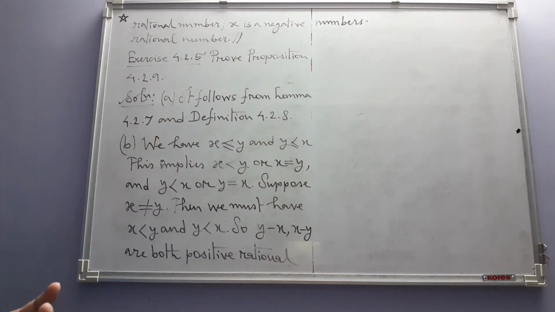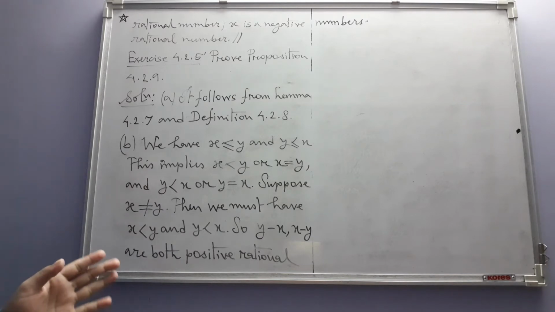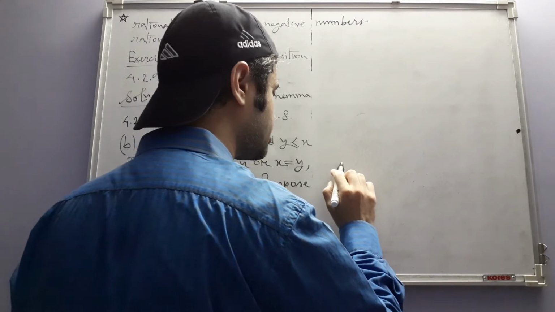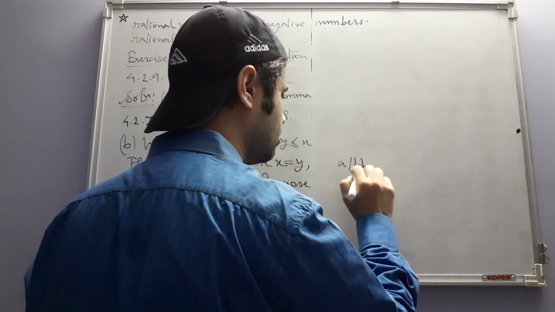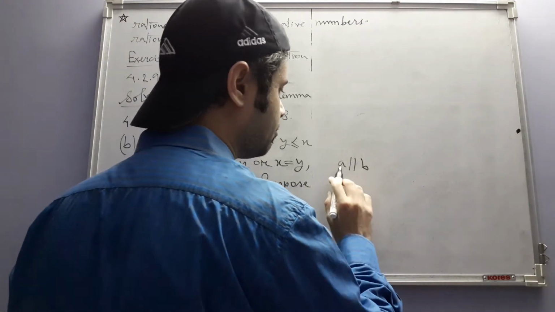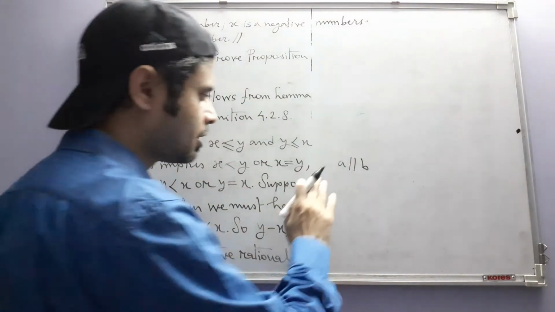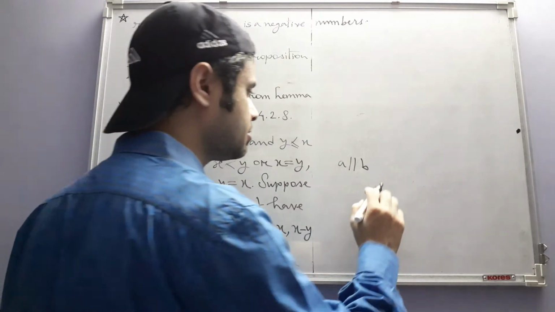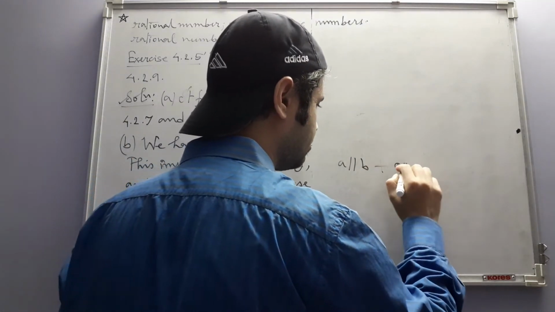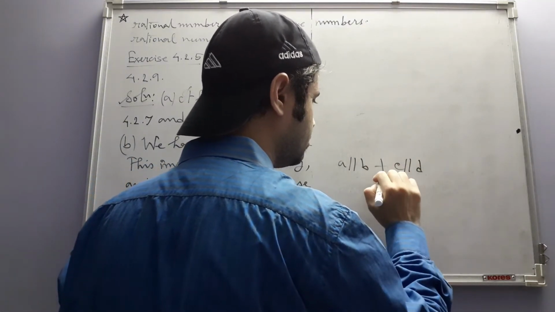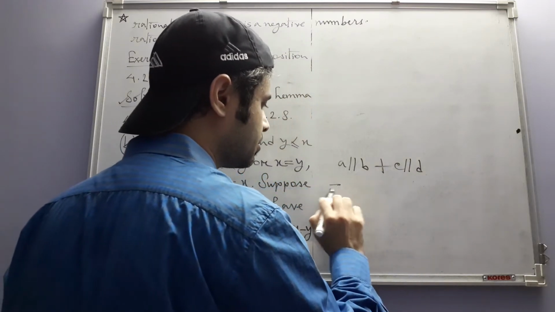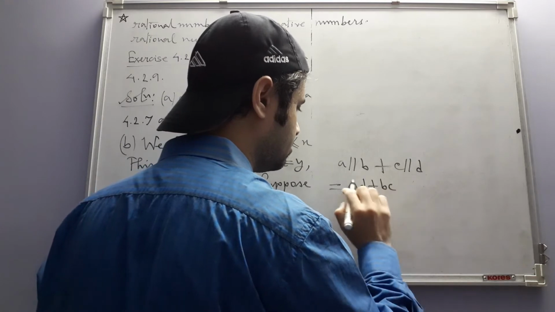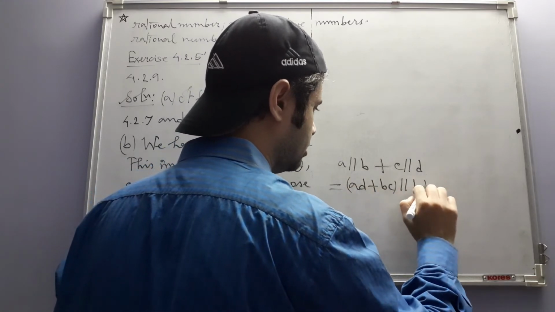Now if you have two positive rational numbers, although we have not proved it anywhere, you just think of it, then for them we will have positive integers. For the first one we will have a and b such that the rational number looks like this, and for the second one we will have c by d. Now if you add them up according to the definition of addition, this is ad plus bc by bd.